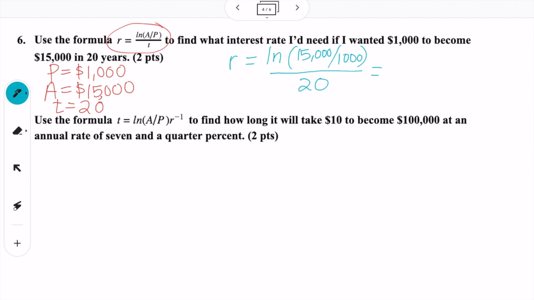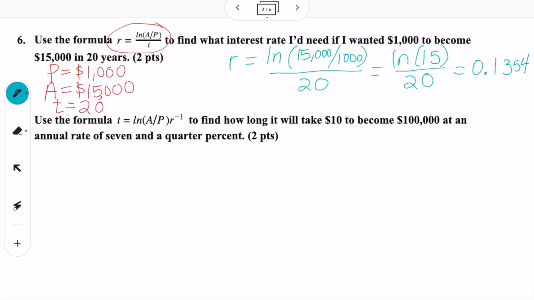So 15,000 divided by 1,000 is 15. I need to take the natural log of 15, and then I can divide by 20. So ln 15 first, I hit enter before dividing by 20. And I get an R value of 0.1354.